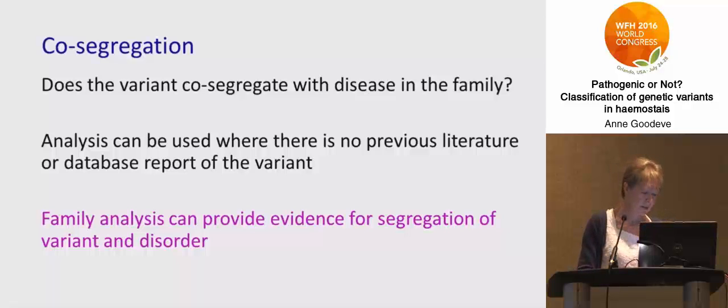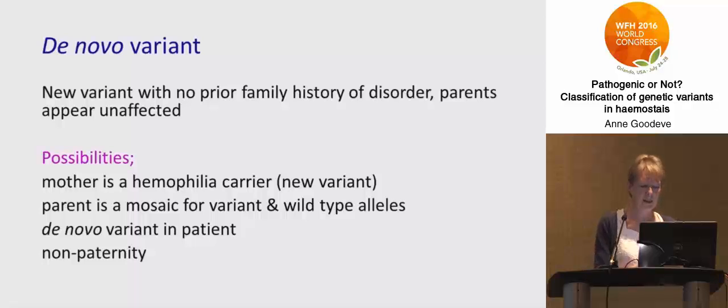Co-segregation can be used in the disease in a family to try and help see if there's likely pathogenicity when there's no helpful previous literature or database reports of the variant. So the family analysis may be able to provide information on segregation of the variant and the disorder. And lastly, we may have de novo variants. So we know in haemophilia that these pop up very frequently. So we may have a new variant with no prior family history of the disorder, and in this instance the mother appears not to have any symptoms.